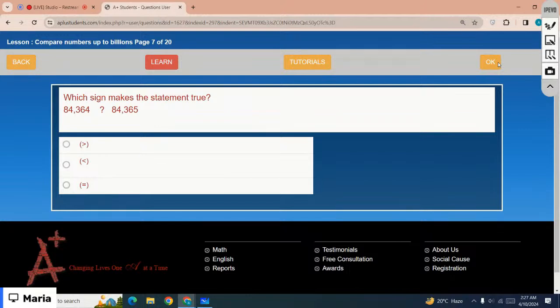Which sign makes the statement true? Which is the correct option? 84,364 and 84,365. Which is the correct option? You have to compare both the numbers, right?